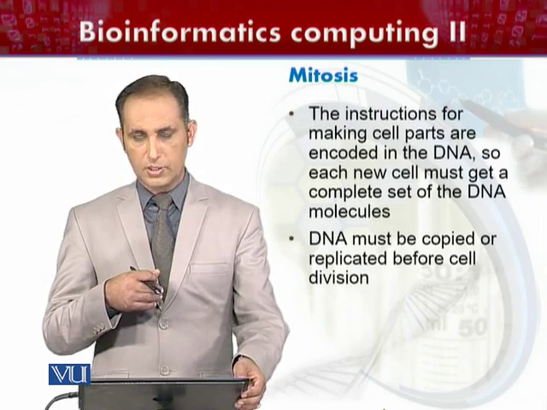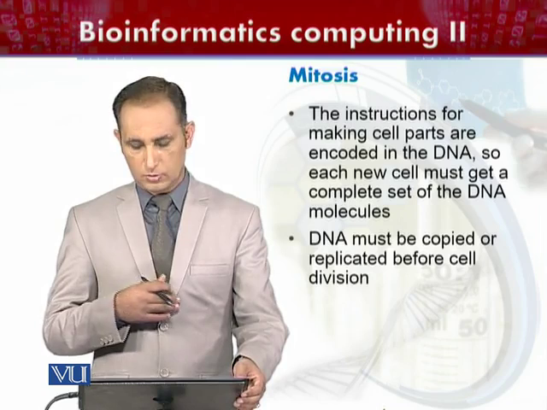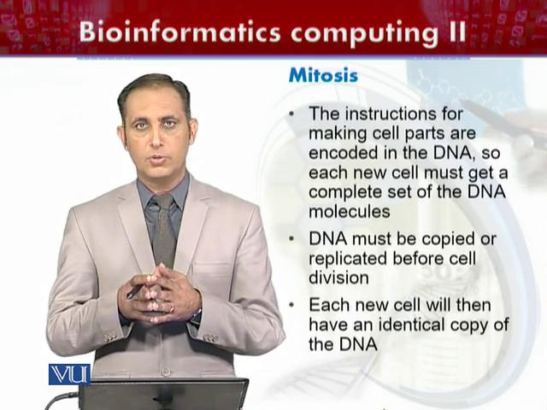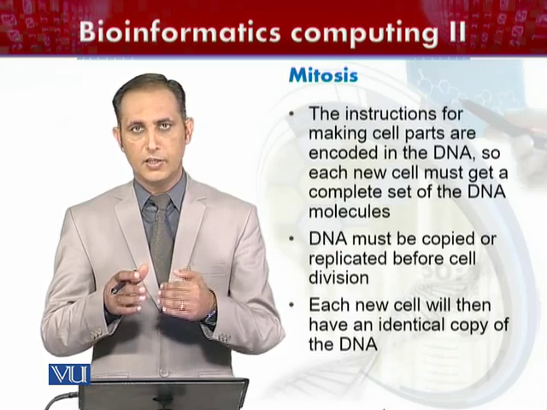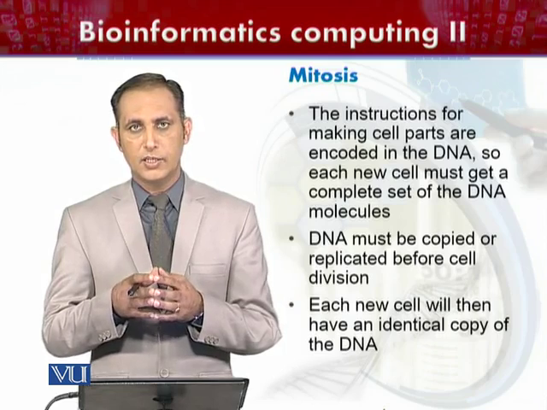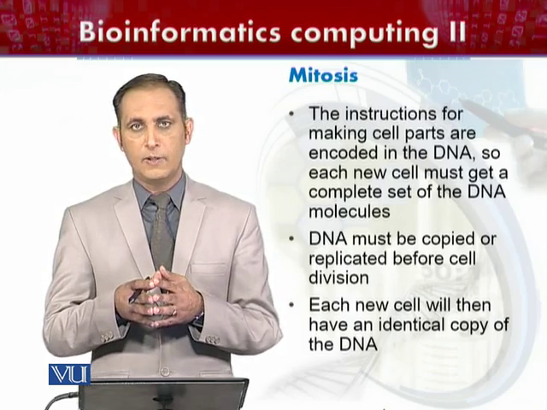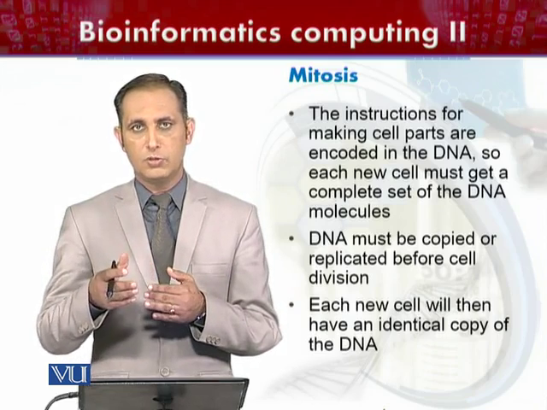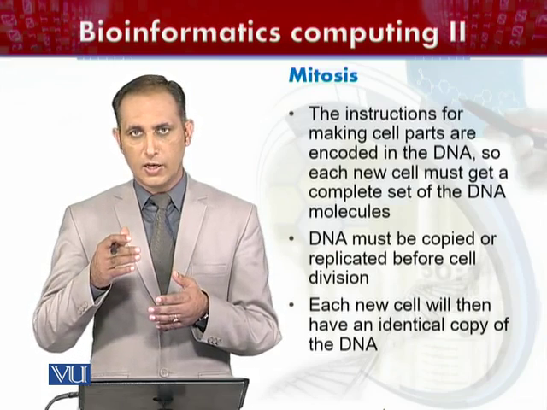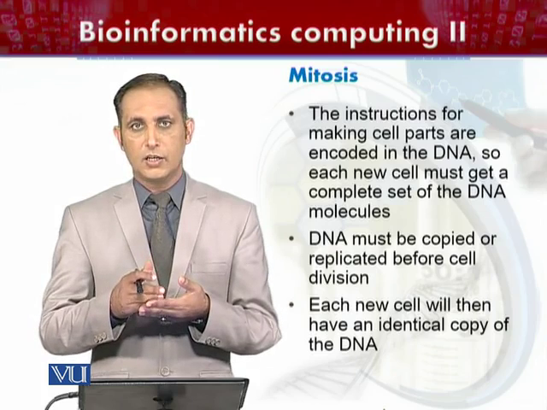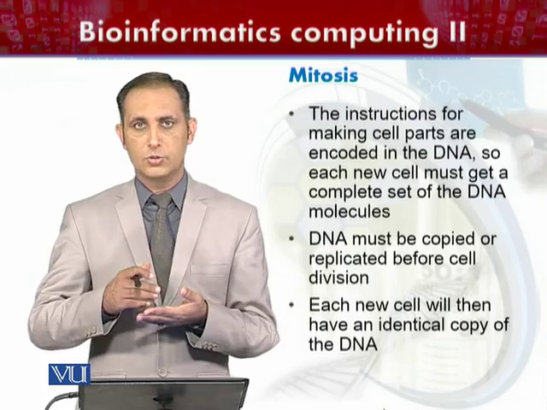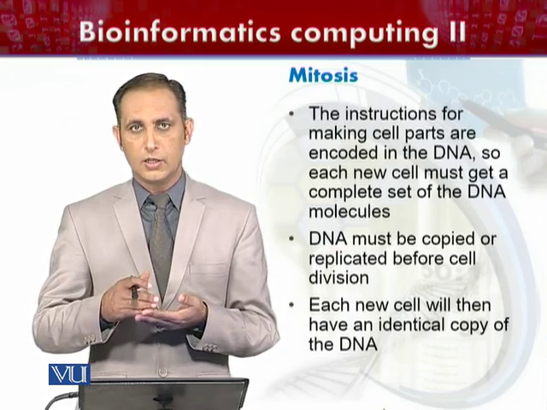So DNA must be replicated before the process of division. Each new cell will have an identical copy of the same DNA as the parental DNA, because if they did not receive the same copy, the new cell would be totally different from the parent. We have already discussed that characters are passed from parents to offspring through this genetic material.